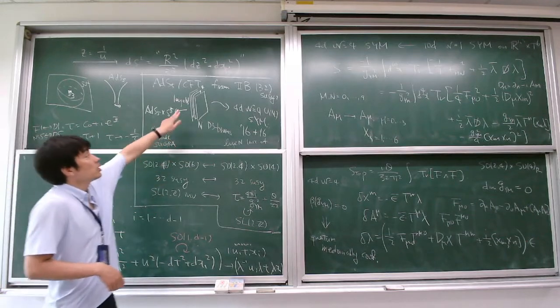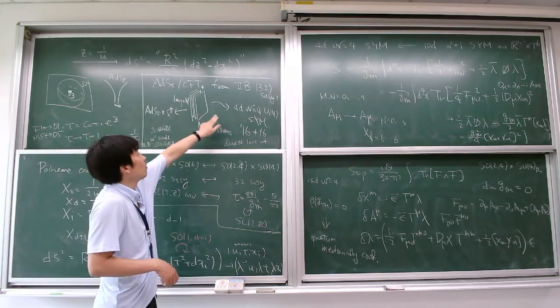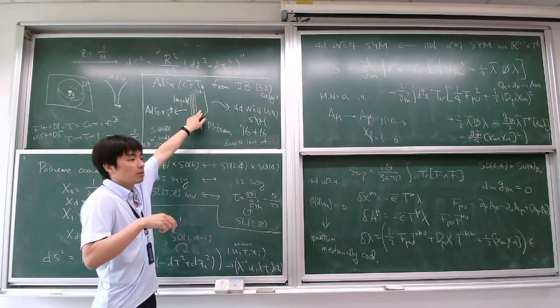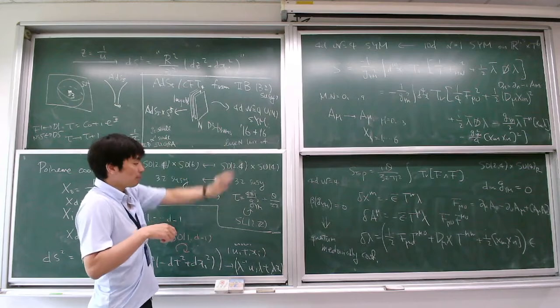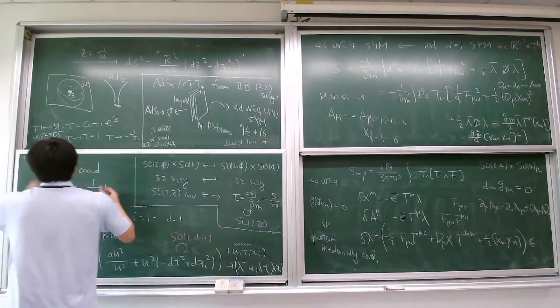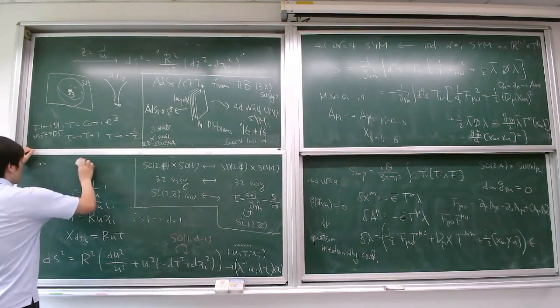So as I mentioned, the N=4 theory is the low energy effective theory on the stack of N D3 branes in type IIB string theory. And we just look at the near horizon geometry of this D3 brane.